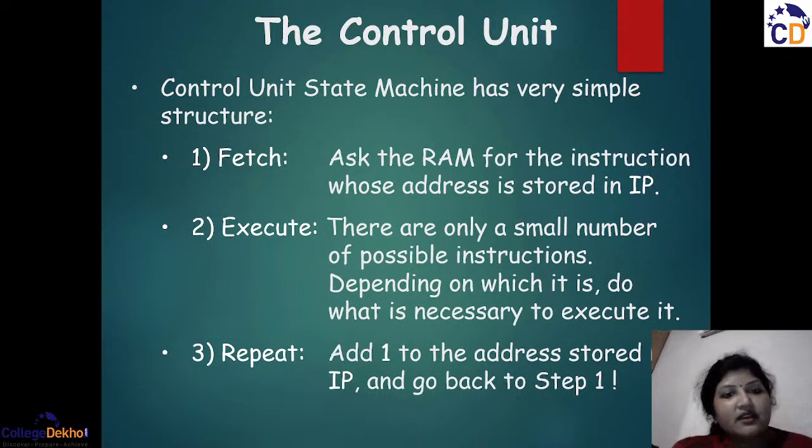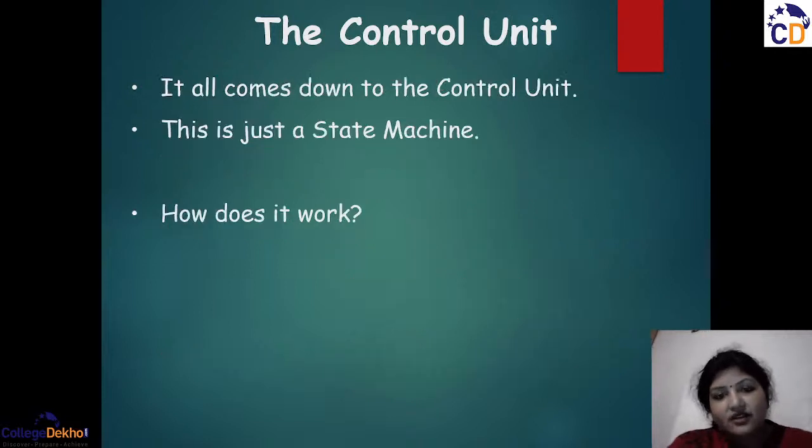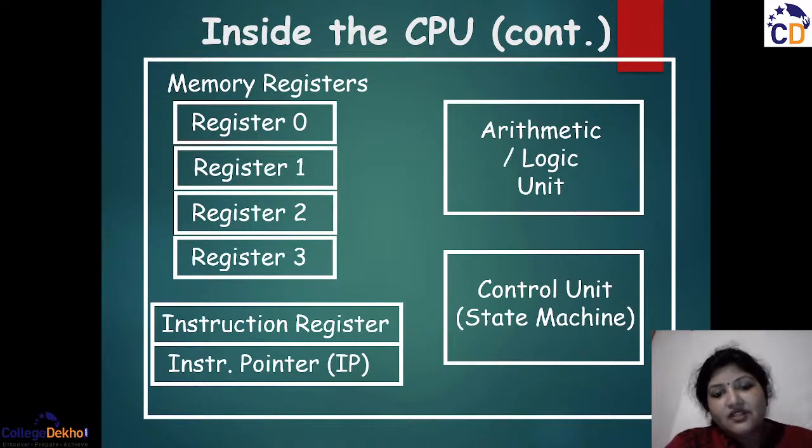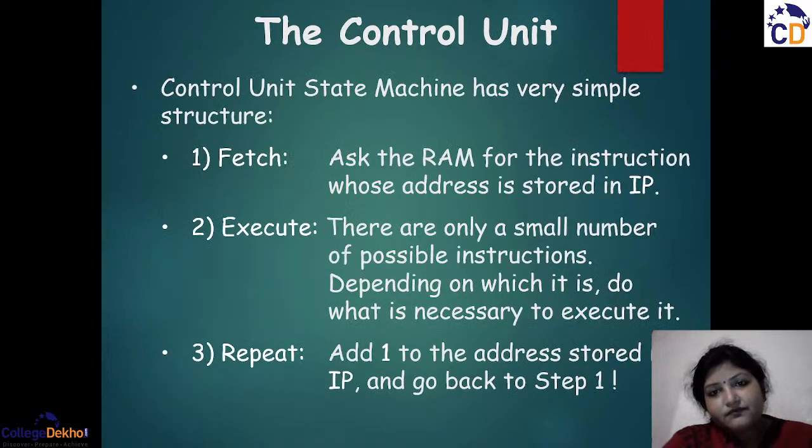It has a cycle procedure, and that cycle has some steps. First is the fetch command. Ask the RAM for the instruction whose address is stored in the IP. What is IP? Instruction pointer, right?